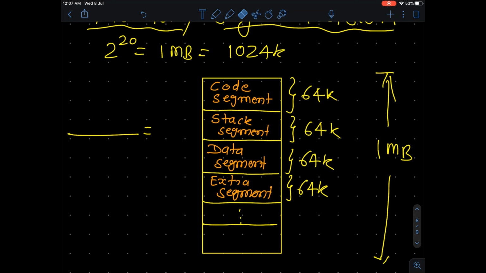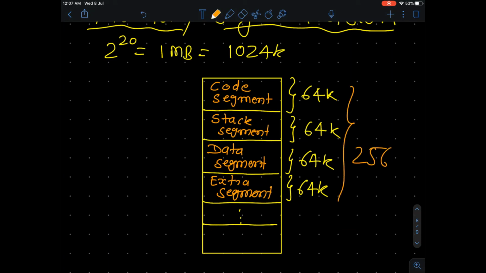The total 1 MB memory is divided into blocks of 64K called the code segment, stack segment, data segment, and extra segment. Now these cover only 256K out of 1024K. So to cover the total 1024K, there are more similar segments. For example, 4 code segments are possible, then 4 stack segments, 4 data segments, and 4 extra segments, to have the total of 16 segments.